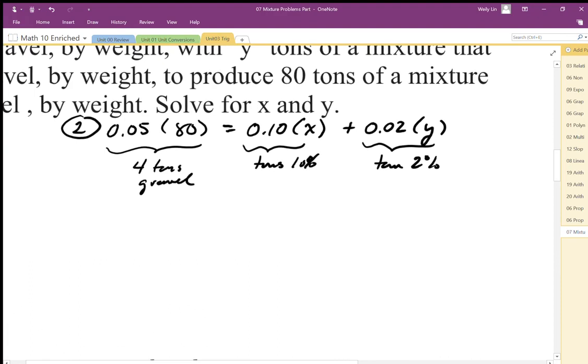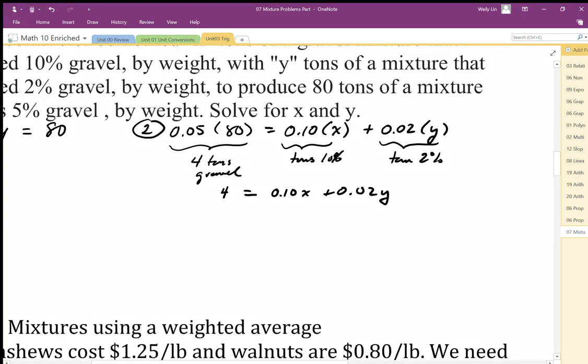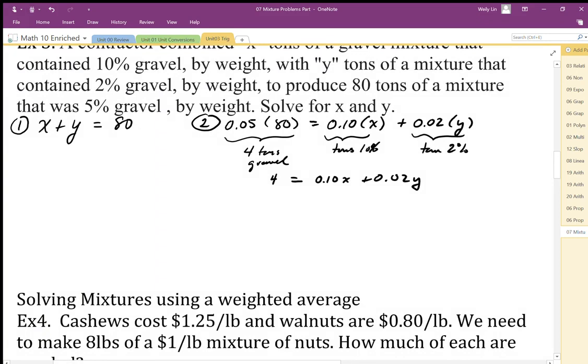Okay, so this is what the equation looks like. We have tons equals tons plus tons. So here we work out to be 4 is equal to 0.10x plus 0.02y.